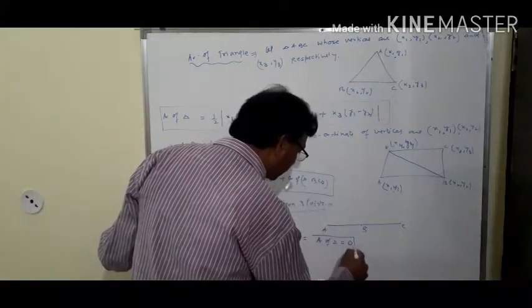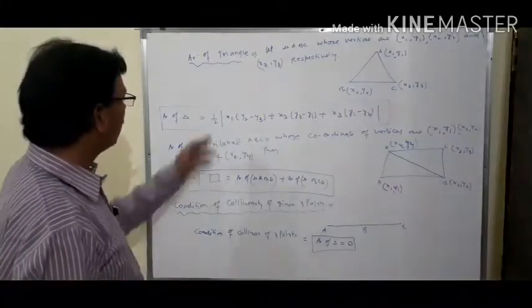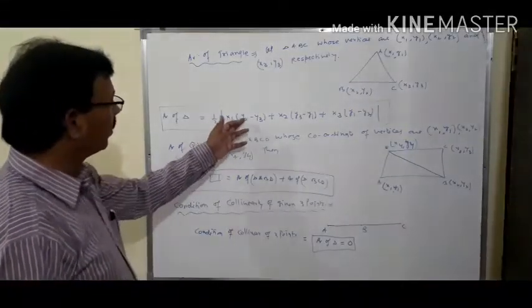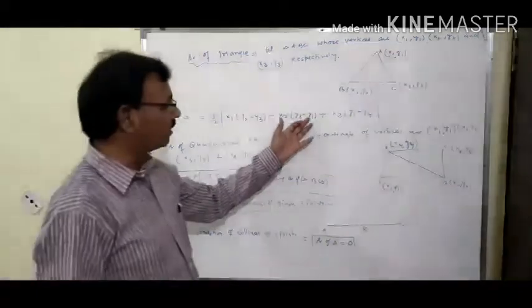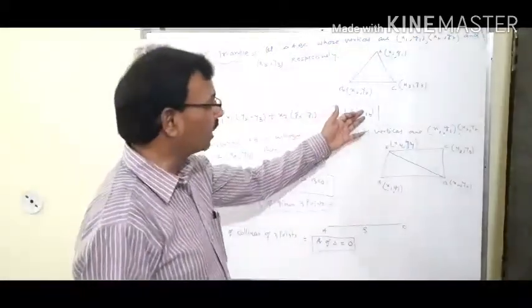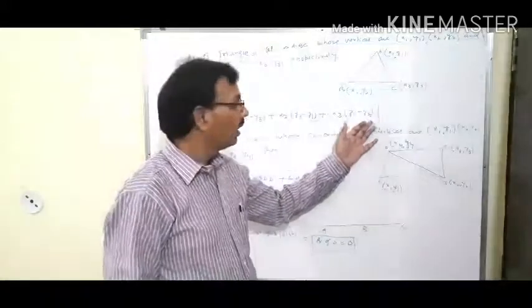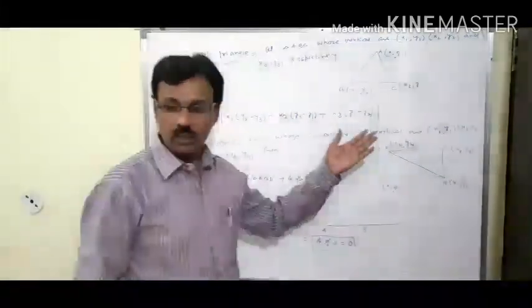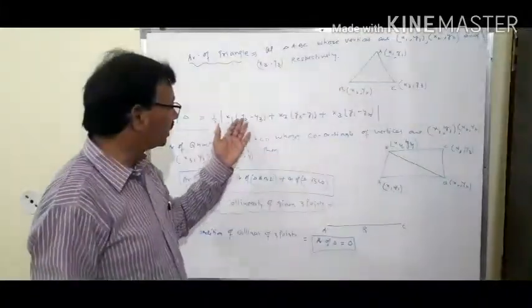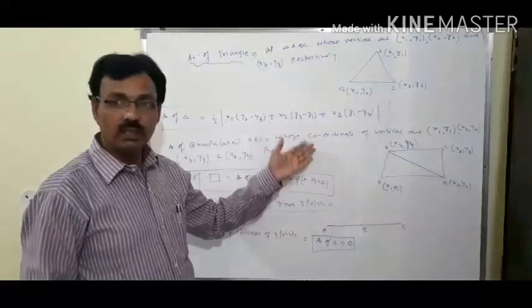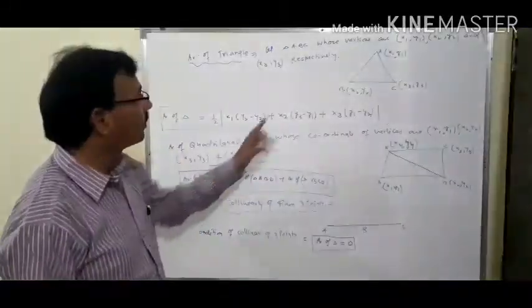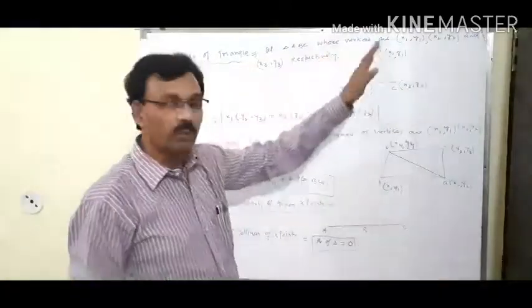This is the condition for collinearity. That means 1 by 2 x1 into y2 minus y3 plus x2 into y3 minus y1 plus x3 into y1 minus y2, and calculate it. If the answer, that means the calculation of this, is 0, then you can say that these points A, B, C will be collinear.